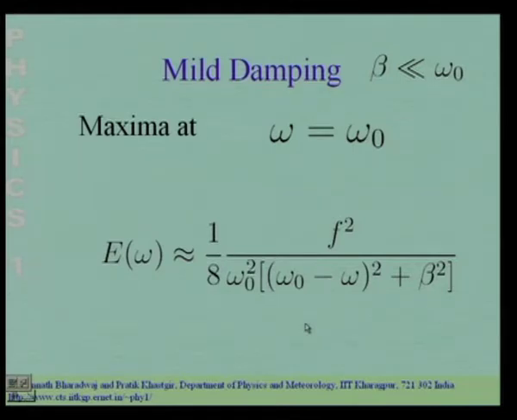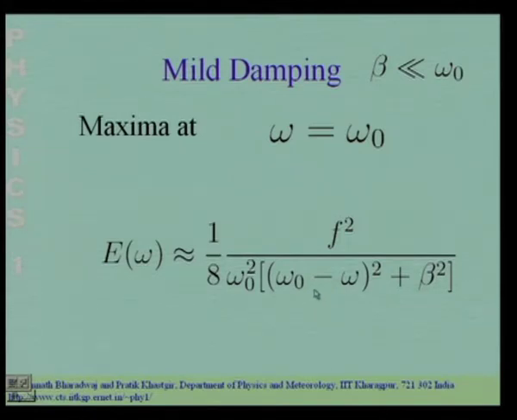What you see is that the expression for the energy, note that I have set the spring constant k equal to 1 here, as a function of the frequency now becomes this. Very close to the peak, very close to omega equal to omega naught, the expression for the energy as a function of the angular frequency of the forcing can be expressed like this.